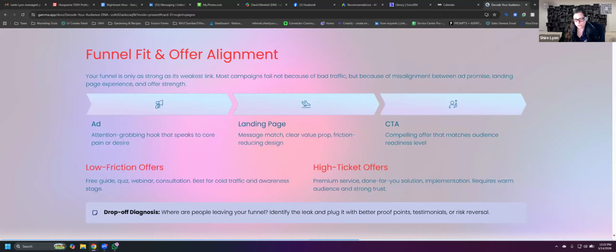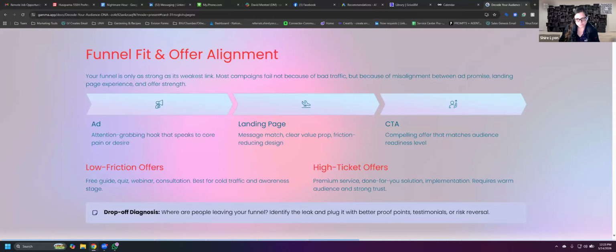If you have someone who's on your list regularly and they get to see all you have to offer, you've warmed them up so you can kind of move further down that funnel. But then, high ticket offers are things like premium services, done for you solutions, implementation, a website most of the time is a high ticket offer.